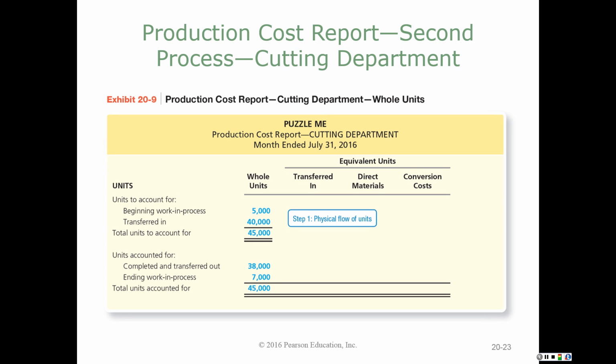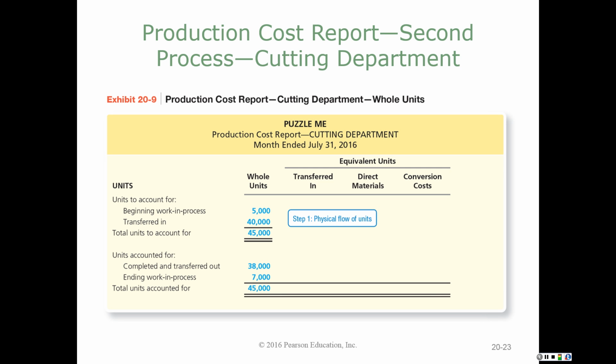the topic of equivalent units of production is probably the most complicated topic that we're going to cover this semester. So don't panic on me, but be sure that as we go through that you take the time that you need to understand what equivalent units are, how we calculate them, and how they're used to move costs from one department to the next.